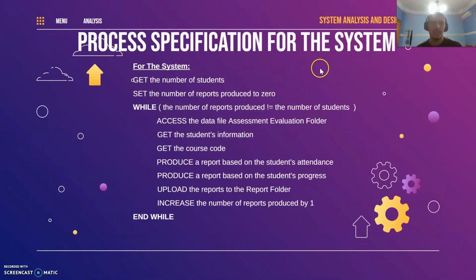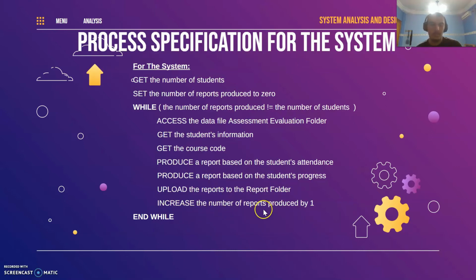Then you have the process specification for the system. Okay, for the system, first thing is get the number of students, set the number of reports produced to 0. So while the number of reports produced does not equal the number of students, access the data file, assessment information from the coordinator, so the name and matric number, and then get the course code, and then produce a report based on the student's attendance, produce a report based on the student's progress, so we'll be producing 2 reports, and then upload those reports to the report folder.